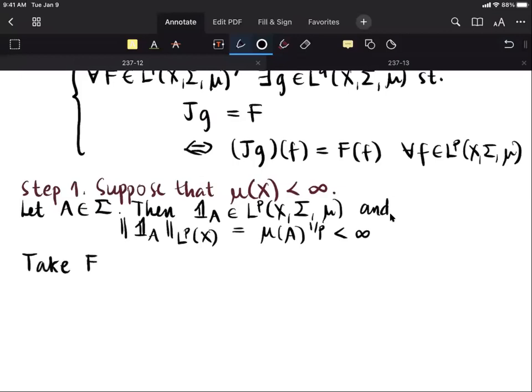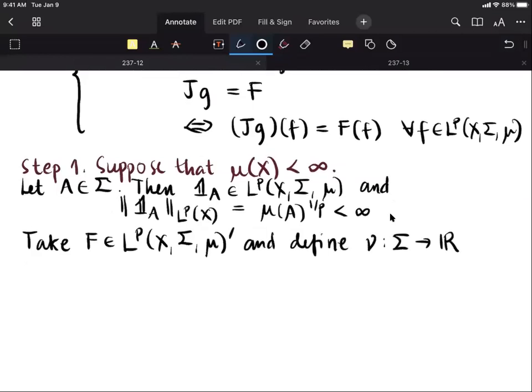Now, take an arbitrary capital F in the dual of L^p and define a function nu on the sigma algebra to R as follows. nu of A is F of the characteristic function of A, for all A in sigma.